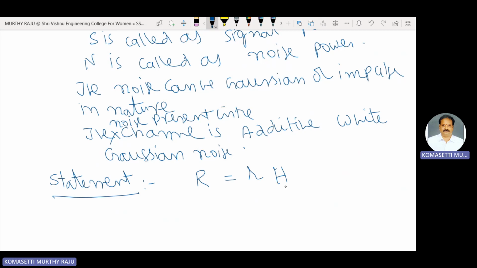H is the entropy of the source, either analog or digital. The unit of R is bits per second. It is the same as channel capacity, C is equal to R.